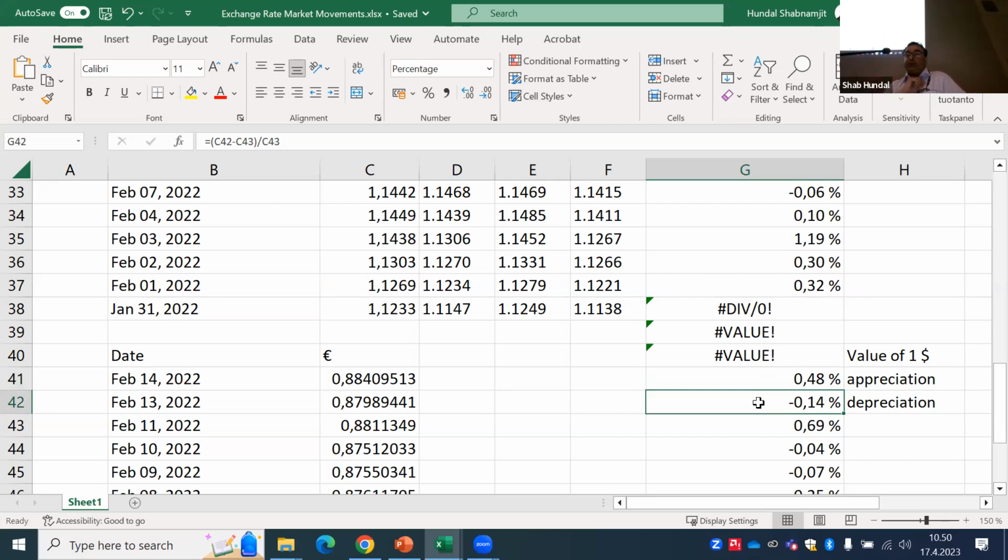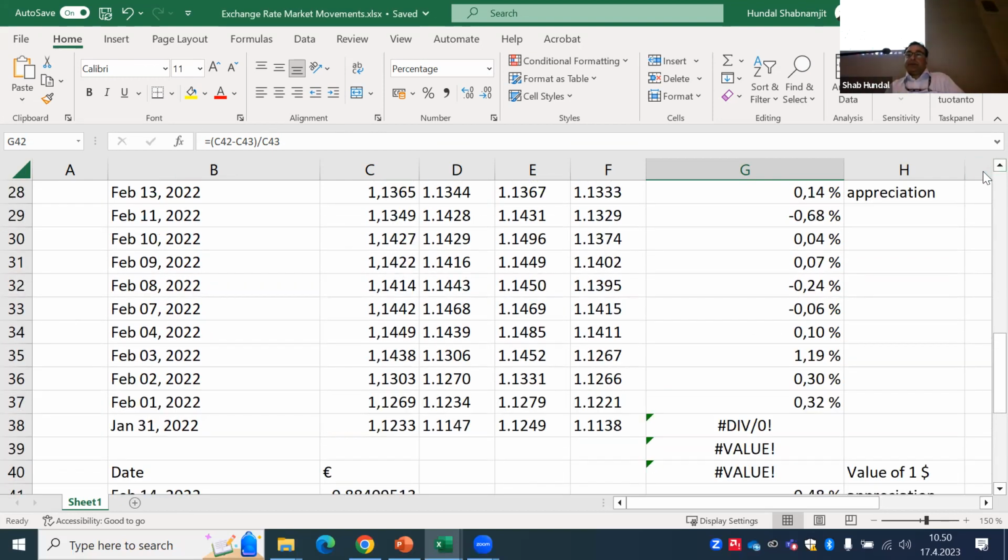So the day euro was appreciating is the day when dollar is depreciating. The numbers are the same, but the signs are opposite. So it's very important for you to learn that in case the exchange rate is not given in the desired format, you should have enough skill and knowledge to convert it.